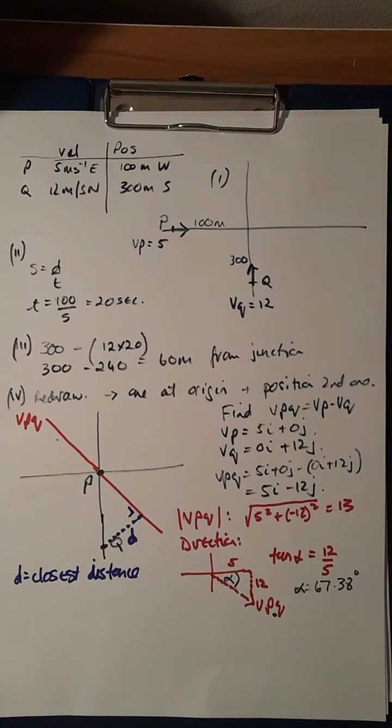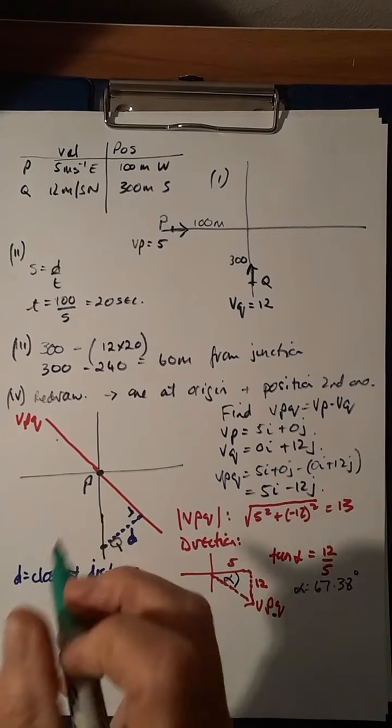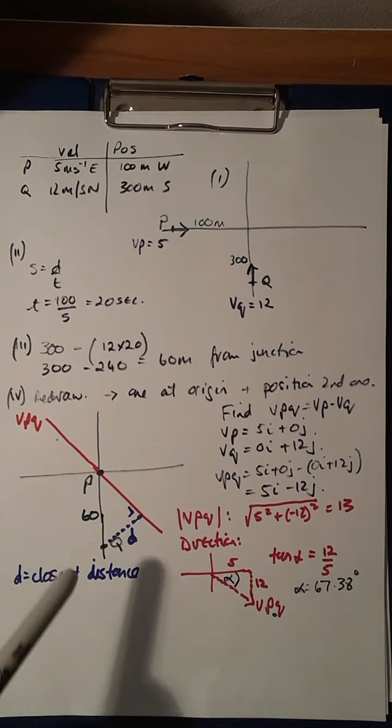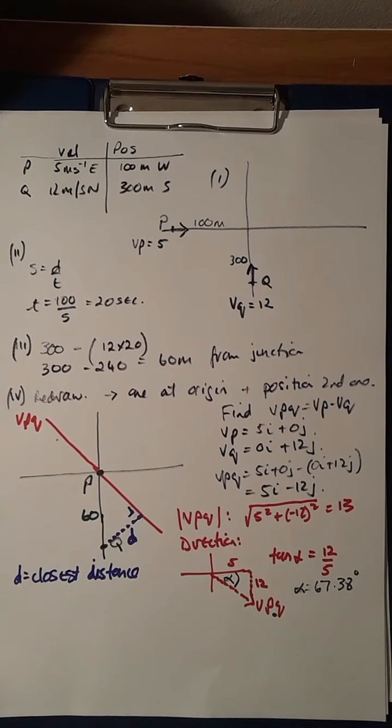What do we know? We know the distance that Q is from the intersection. We've already found that. It's 60 metres from the intersection, so that's 60. This, of course, is the hypotenuse in that triangle. So here's your right angle. That's the opposite side, the hypotenuse. And I'm looking for D. So I'm missing an angle.